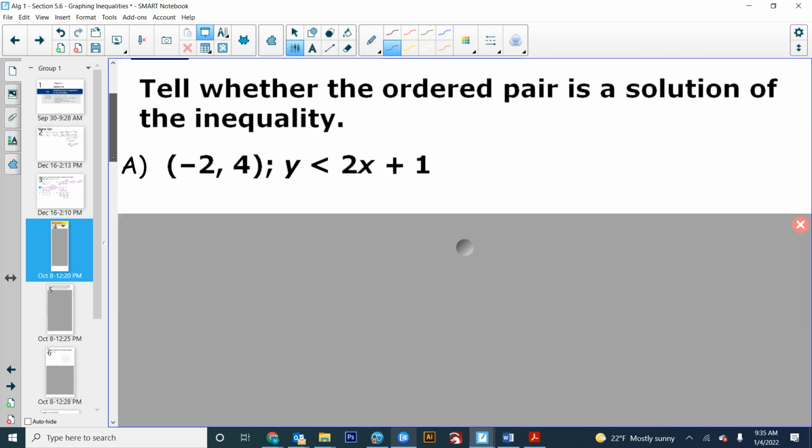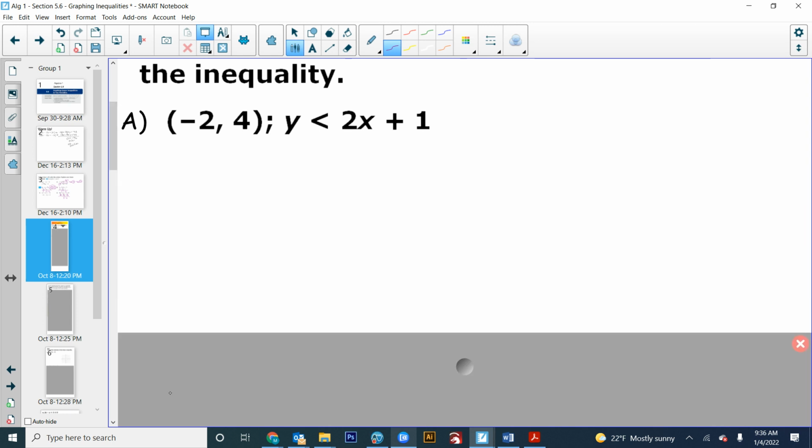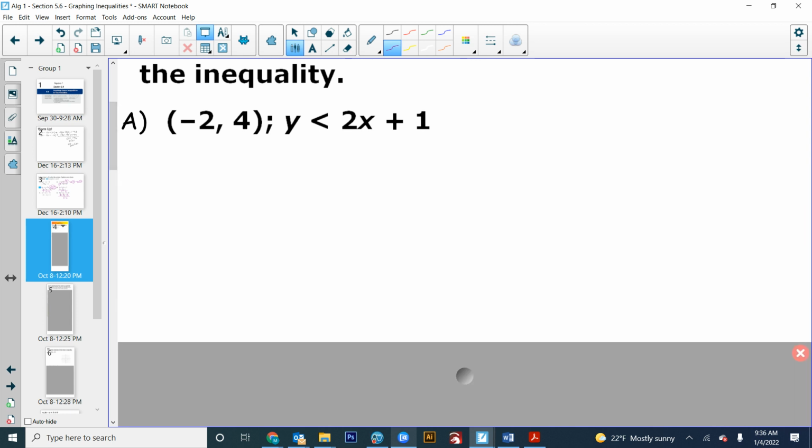So the first part here, all we're doing is we're going to say, okay, is this point part of this solution? Okay, so what do we have to do? What do we have to do to check it? Braden? On the X and Y. That's yes, Sabrina.